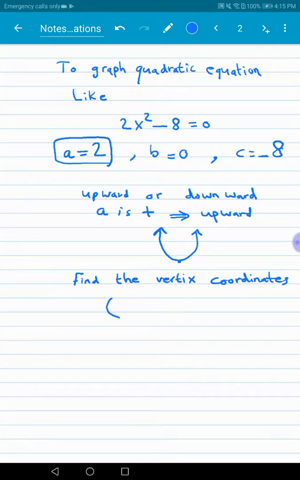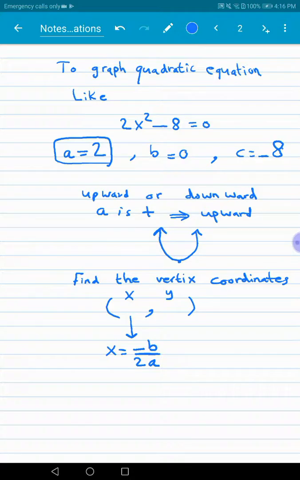The vertex has two coordinates, x and y. To find the x, we use the formula minus b over 2a.